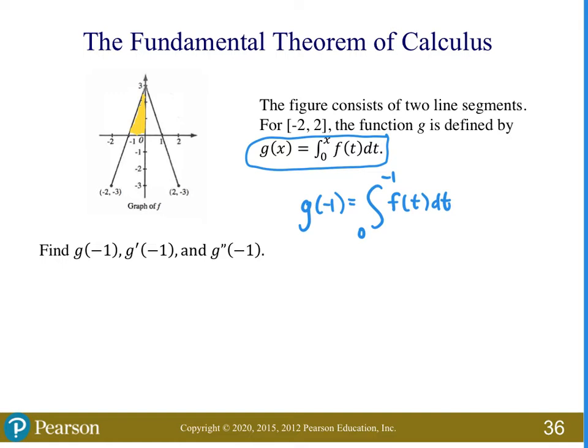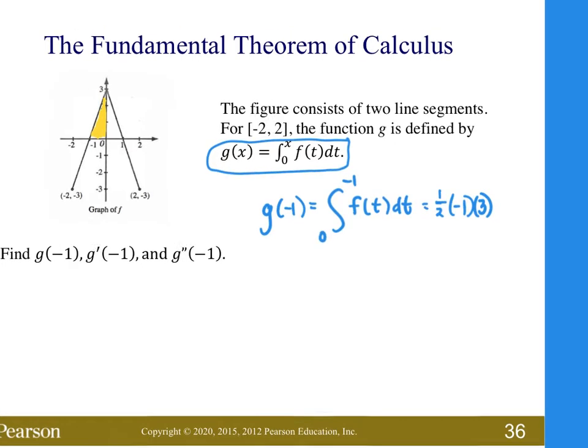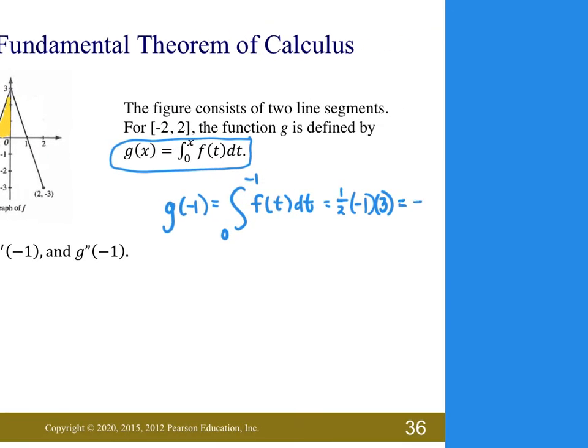If you go backwards on a graph, that value, if it's above the x-axis, would be negative area. So that's a negative triangle. And so the answer to this would be 1/2 times the base, which is negative 1, that's where the negative comes from, times 3. So you're looking at negative 3/2.